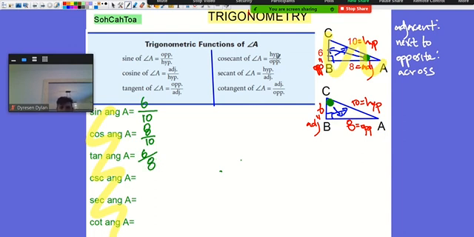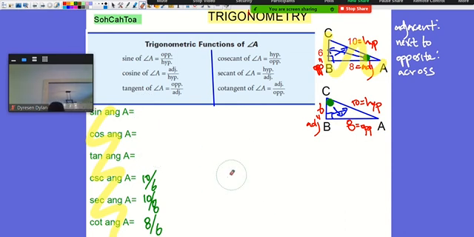Cosecant of A is hypotenuse over opposite. Hypotenuse is 10, opposite is 6. Secant is hypotenuse over adjacent. And cotangent is adjacent over opposite, which is 8 over 6. I want to write the fractions all in the same way using the diagonal line.